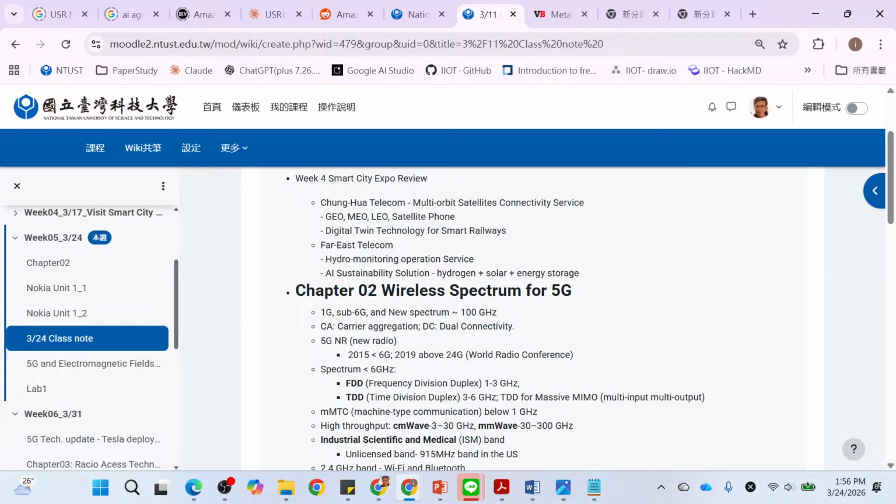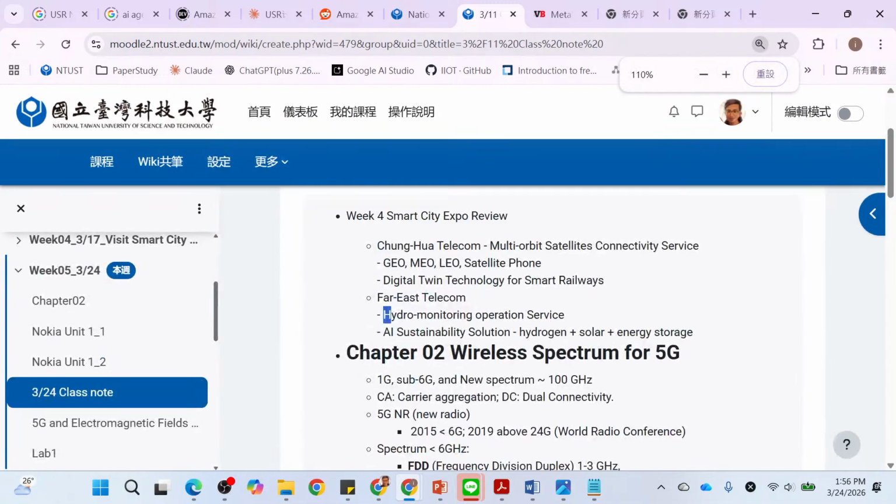And we have been seeing the multi-orbit satellite connectivity service. Okay, and we know the digital twin technology for smart railways.